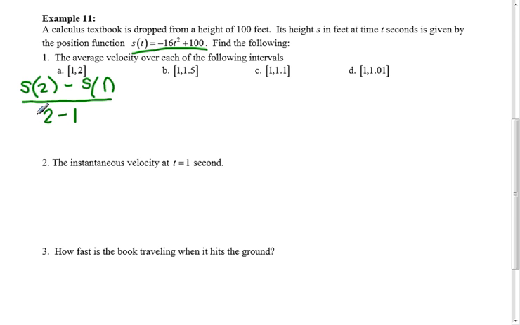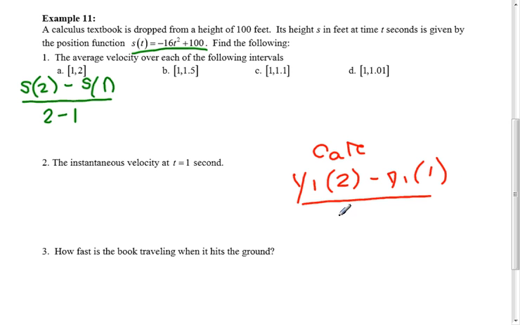Alright, so I'm going to try to save you some time here. If you go into your calculator, and I'm going to erase it when I'm done, so you got to get it right now. In your calculator, if you don't want to keep going to your table or evaluating this, what you can type in, you could type y1 of, and then put your value, 2 minus y1 of 1 over 2 minus 1.